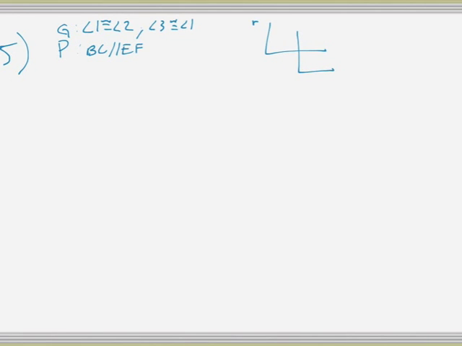where we have points A, B, C, D, E goes down here, and F, and angles 1, 2, and 3 labeled there. In the last assignment where you were writing proofs, in our givens, we were given that we had parallel lines.